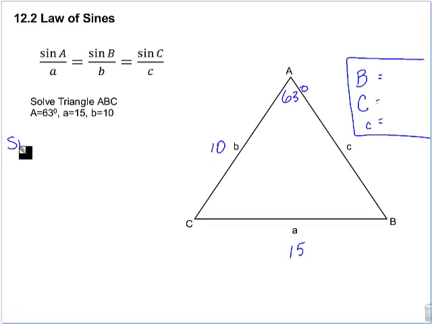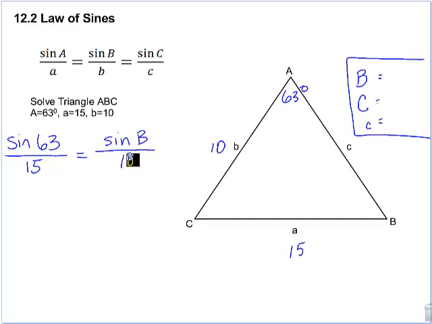So we can start off by saying sine of 63 over side of 15 is equal to sine of B over side B, which is 10. Hopefully you got to the point last year when you see a proportion, you should be able to solve for the missing value right away.